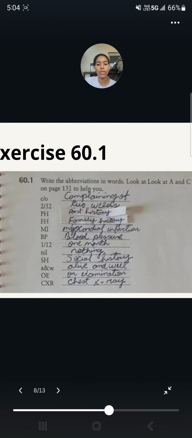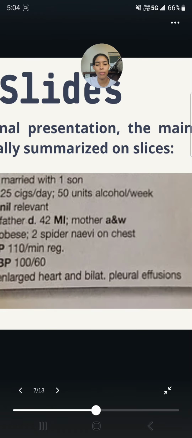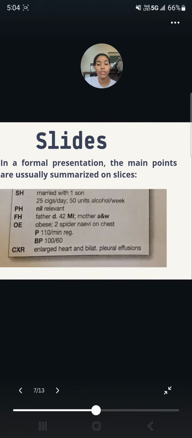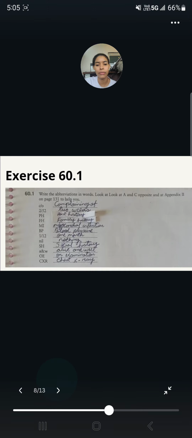This is the same as we saw previously. It is a little note that they use to summarize the record of the patient.